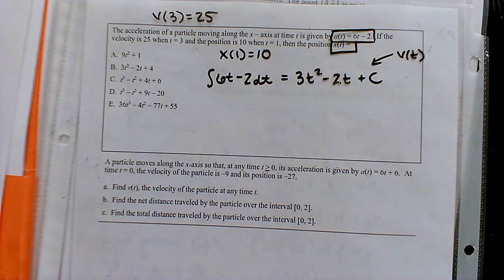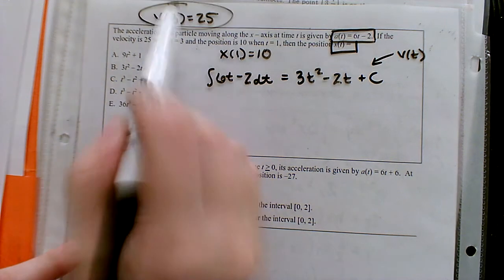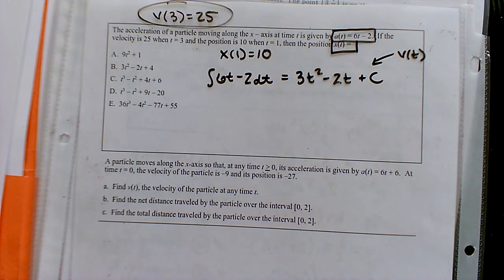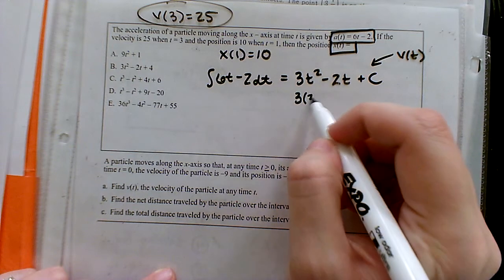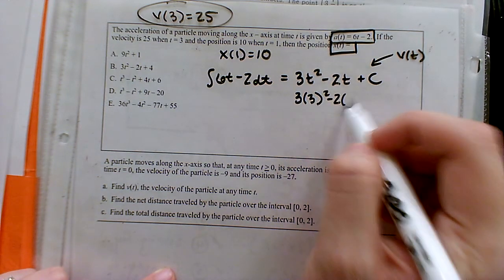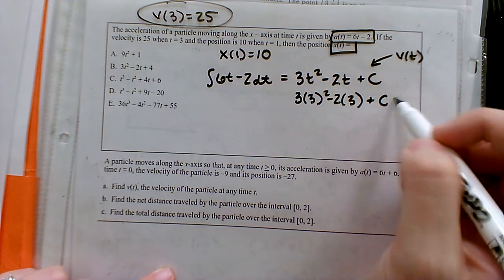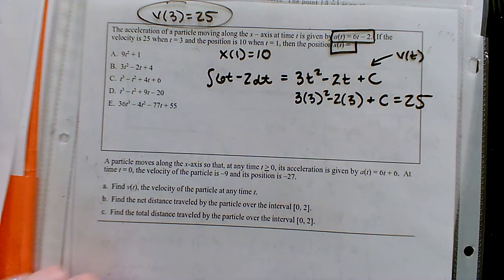Can we figure out the particular or the exact solution for the velocity function? Do we have any way we can figure out what that c value is? Plug in the point. There we go. We're going to plug in that ordered pair or condition they give us. So if we plug in 3, we should get 25.